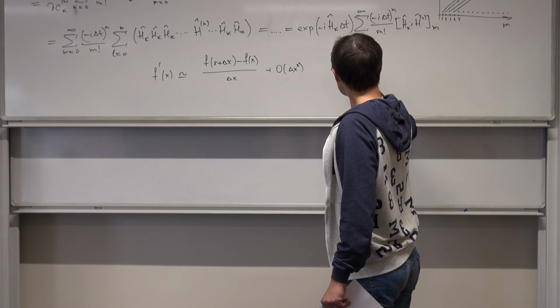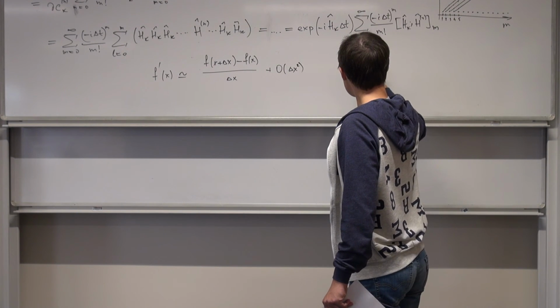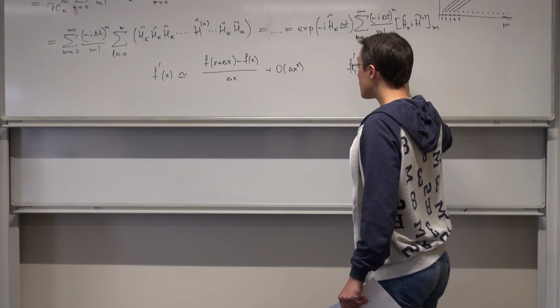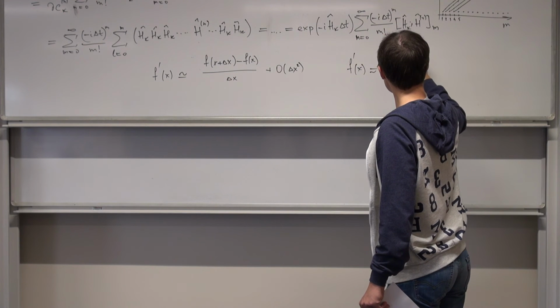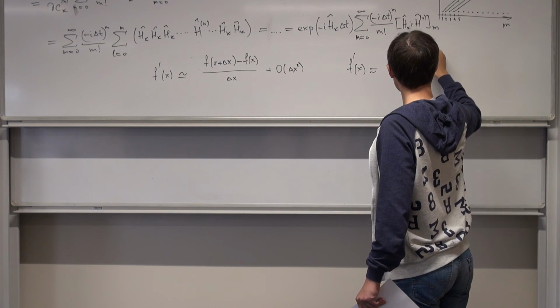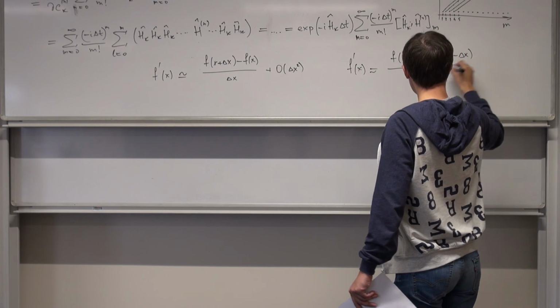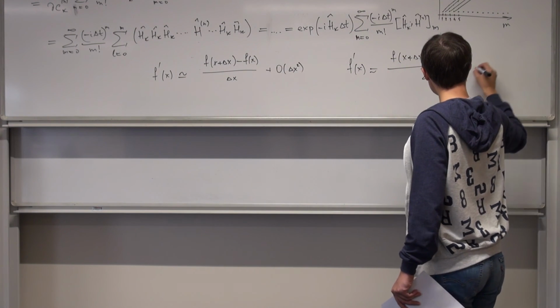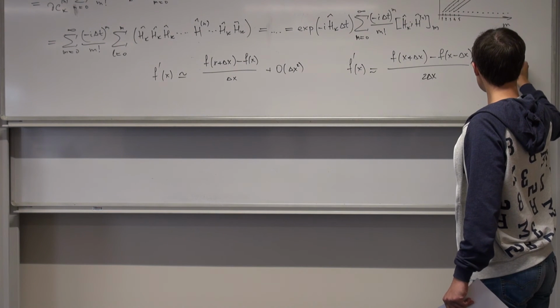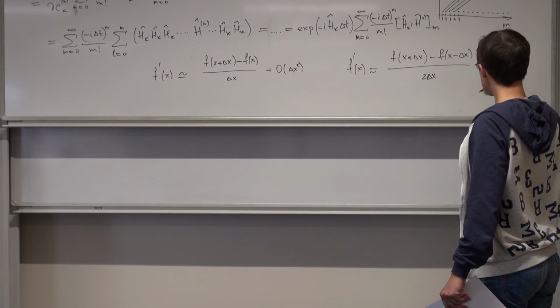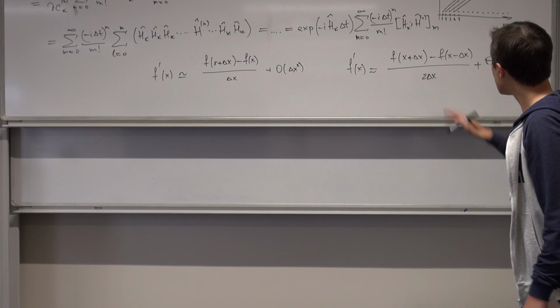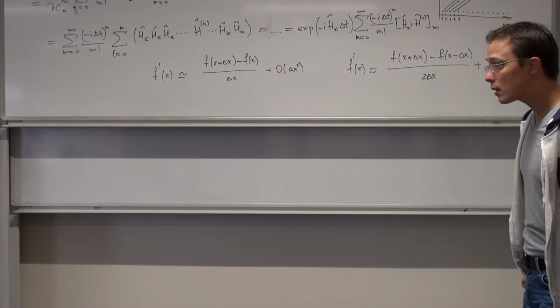Even better, we can do that. F prime of x is approximately f of x plus delta x minus f of x minus delta x, over 2 delta x. That has quadratic accuracy, so-called delta x cubed error, the so-called central finite difference stencil.